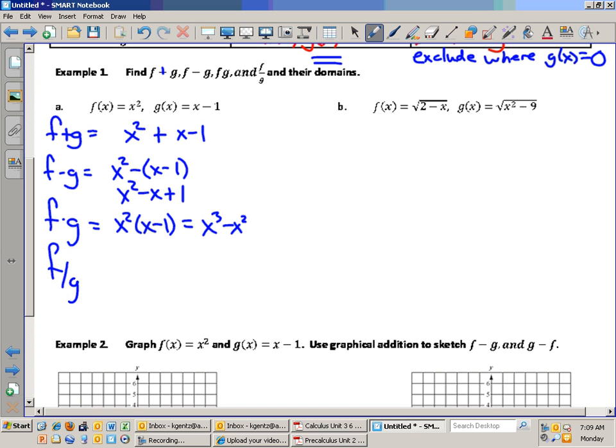And f divided by g will be x squared over x minus 1, which is simplified.